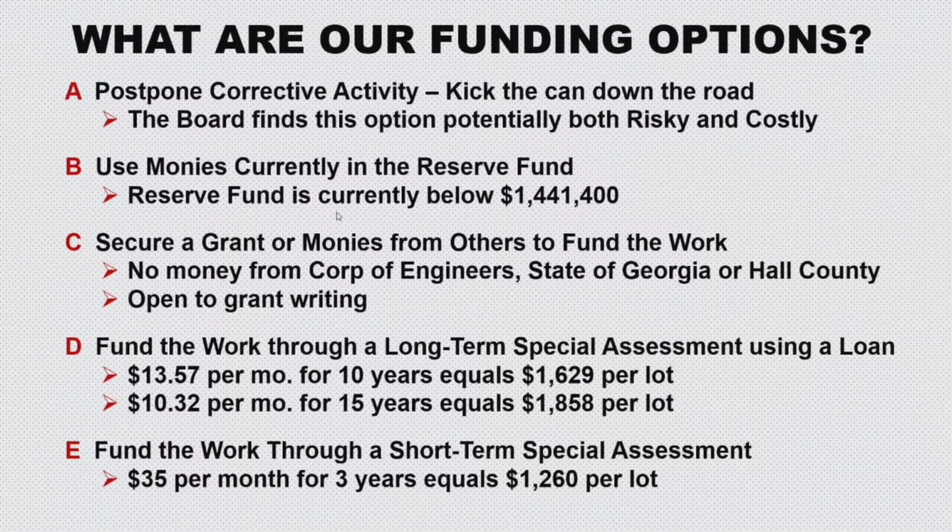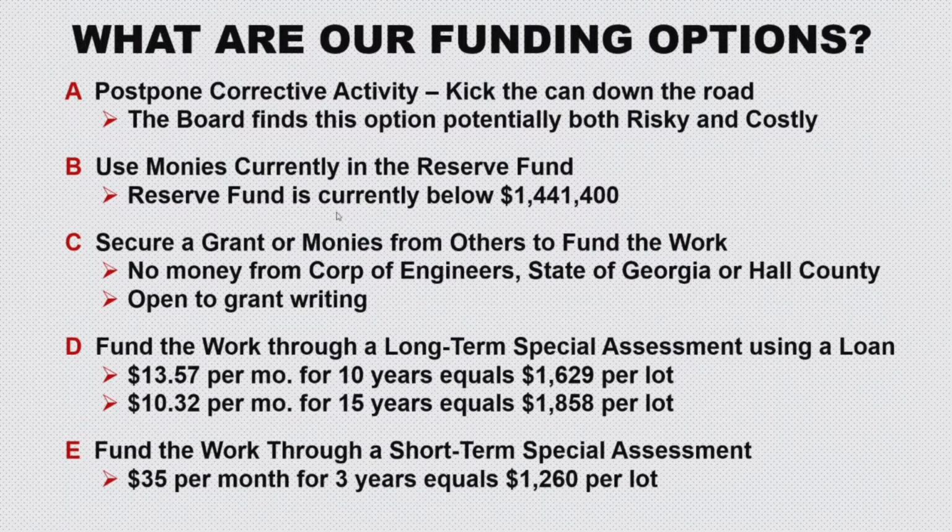So I put in 6%. And I think that's a little low today. And if we were to fund that through a loan and ask residents to pay a monthly fee for 10 years, that'd come out to $13.57 a month, or a total of $16.29 per lot.